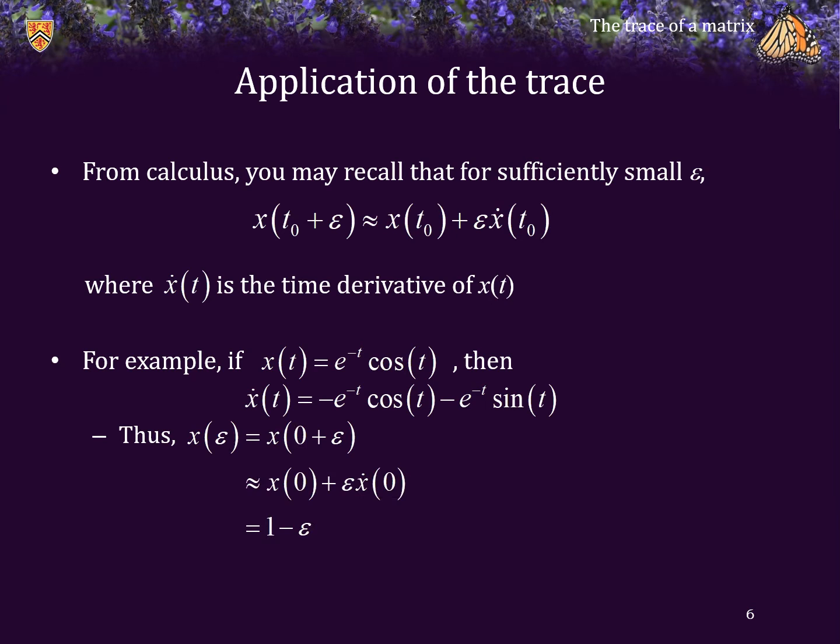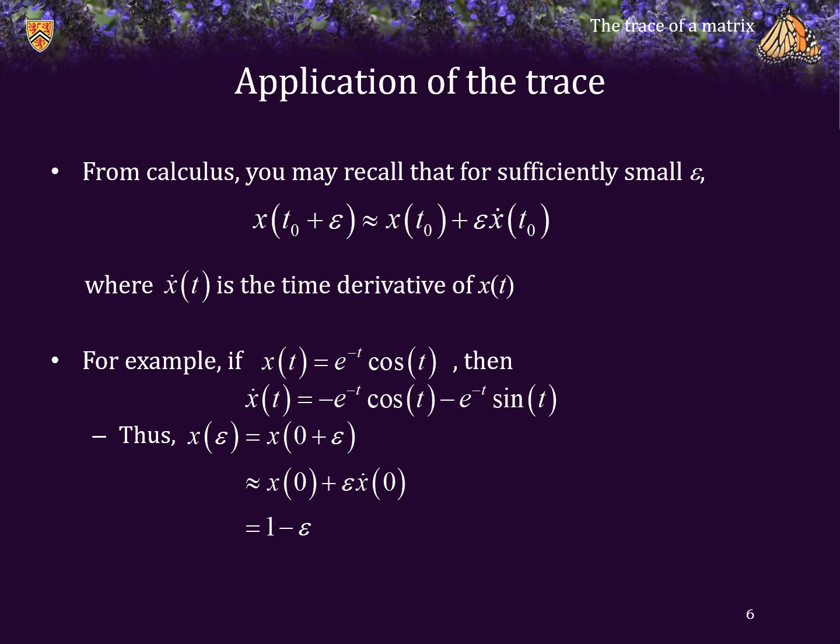Consequently, x at some value epsilon is equal to x at 0 plus epsilon, which is approximately equal to x at 0 plus epsilon times the time derivative at 0. Now, the time derivative at 0 is -1, while the value of x at time t equals 0 is 1.